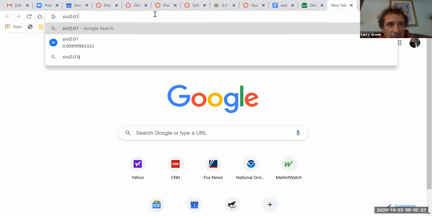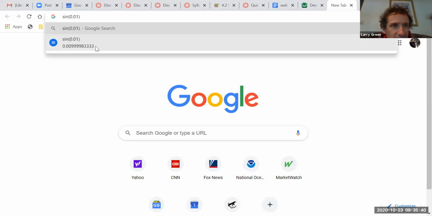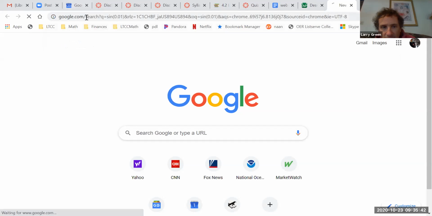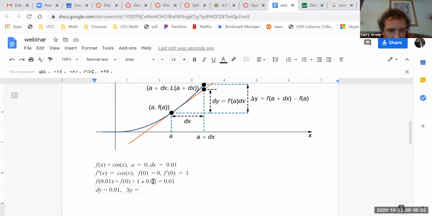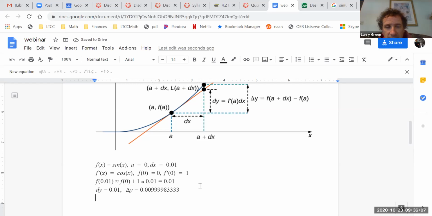Sine of 0.01, and it's 0.0099983333. Is that a good approximation or not? Was using the derivative approximation or the tangent line approximation a good approximation? What do you think?